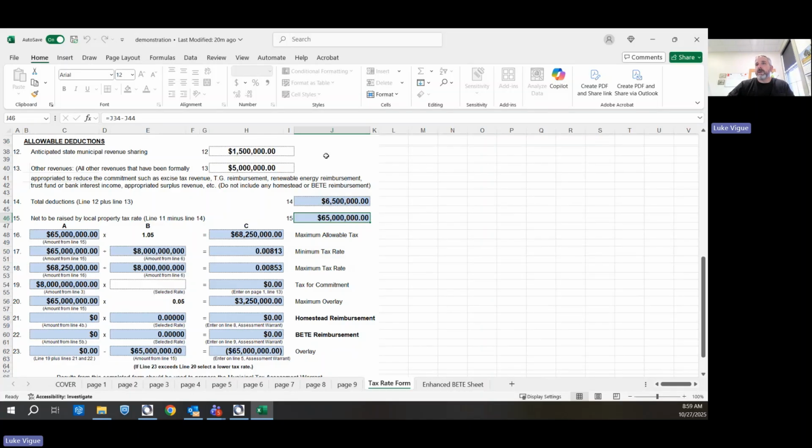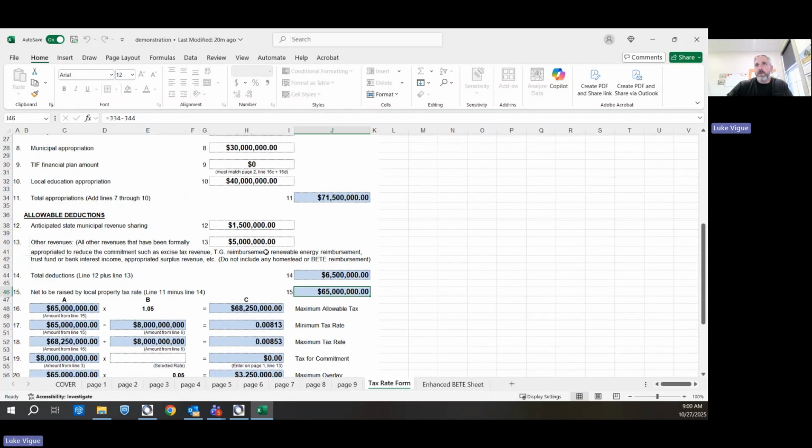So it really is that simple. It is a very simple math problem where you divide the amount of money you need to raise by the total taxable value, and it gives you that decimal that is your tax rate. So if you are interested in lowering your individual tax bill, there are only two ways for that to happen.